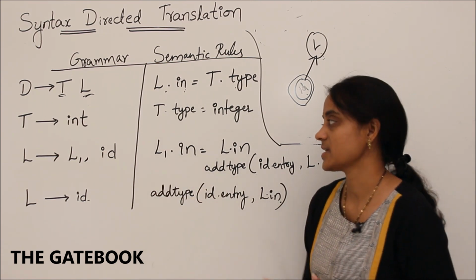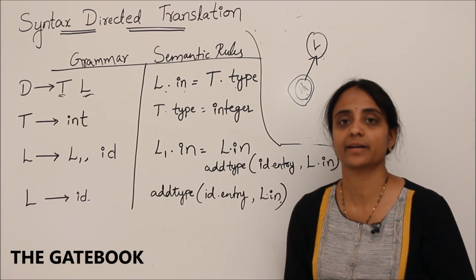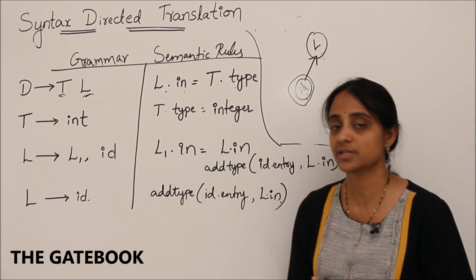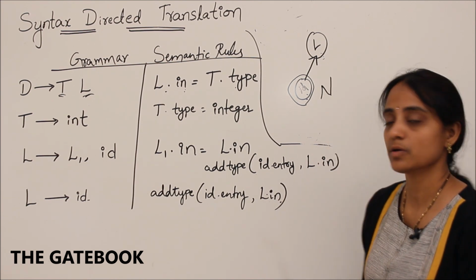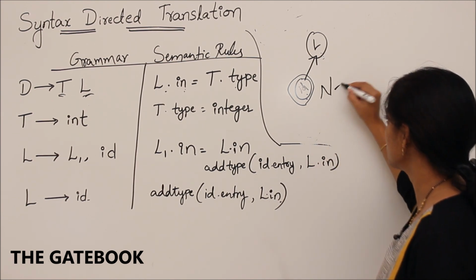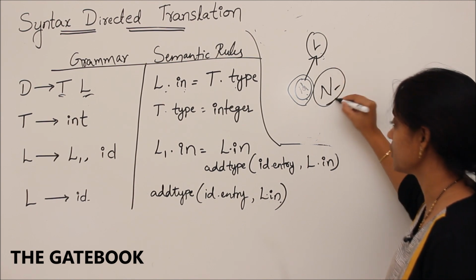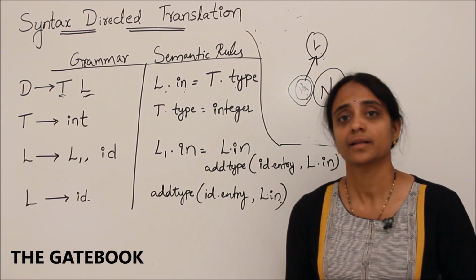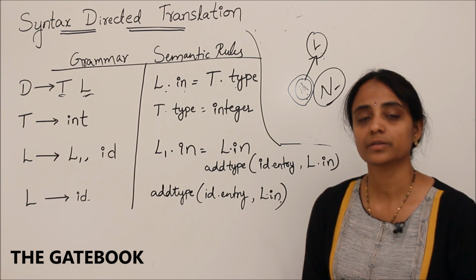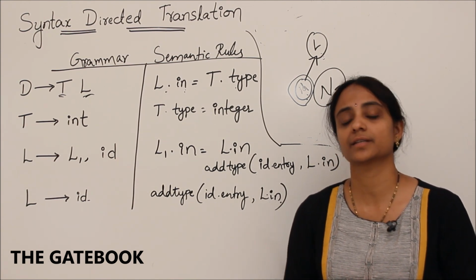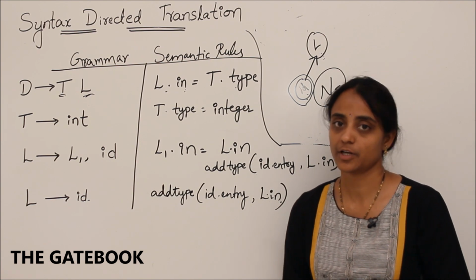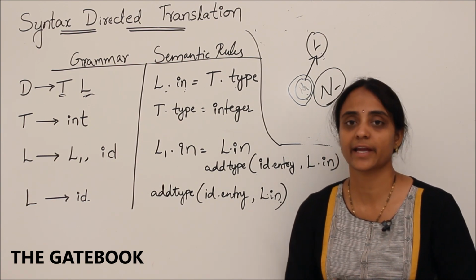The biggest disadvantage with this inherited attribute grammar and this approach is that if there are n symbols, you should construct the graph for all those n symbols and the dependencies. That itself will take a lot of time, and after constructing the graph you need to find the topological order, which will again take time.